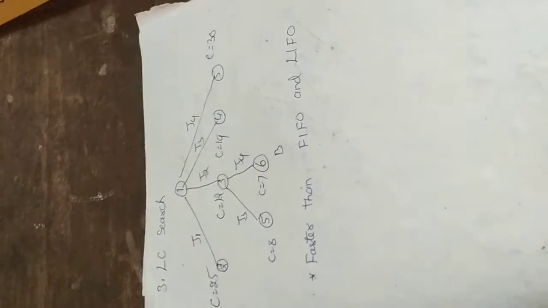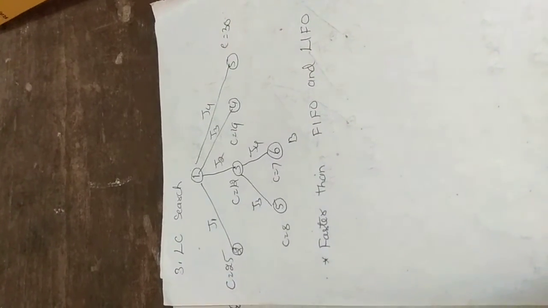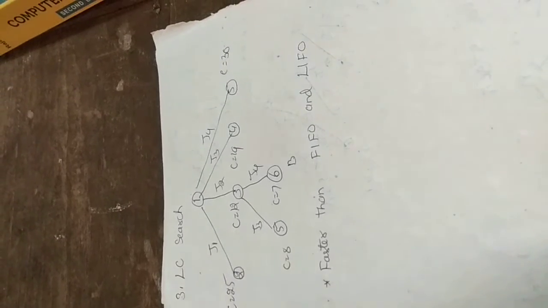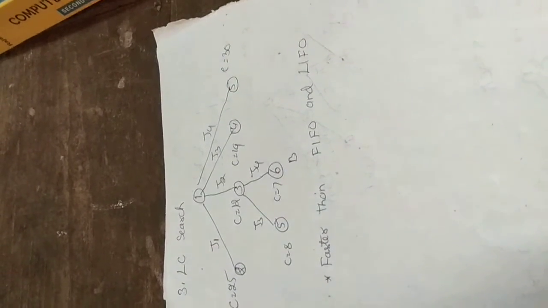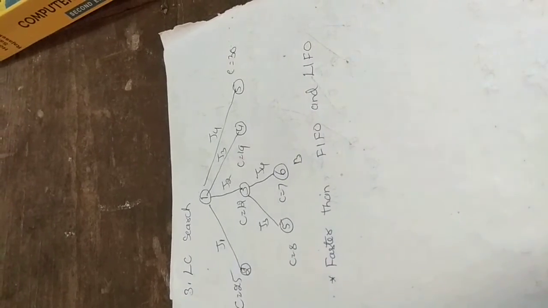The third technique we use is least cost search. The least cost search technique is going to take less time than the FIFO or LIFO search. Here we explore the next node which has the minimum cost. For example, in job sequencing, at the initial stage we include J1, J2, J3 and J4.